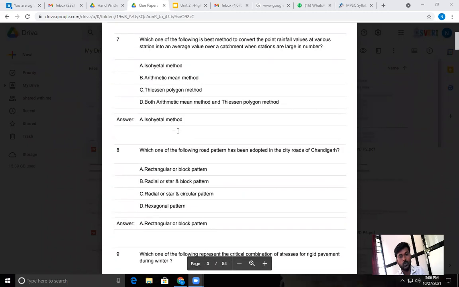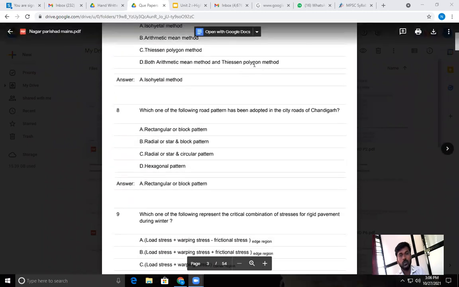Also see the next question. I will show you. See this question. How important is the highway? Observe this question: which of the following road patterns has been adopted in the city roads of Chandigarh? Okay. In Chandigarh, that is the first 20 years development plan.